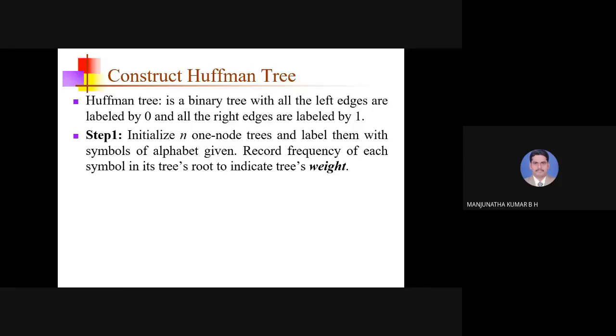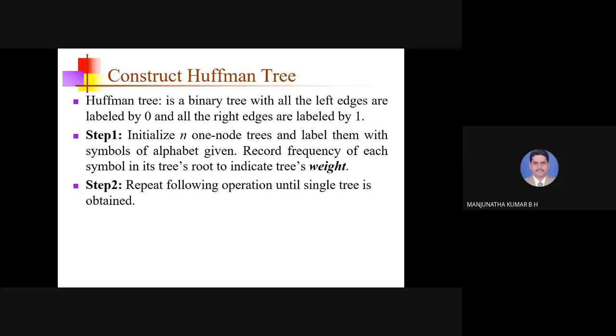Remember, frequency means the number of times A occurs in the original data. That is given in the question. Characters are given, frequency is also given, and you have to construct the Huffman tree. So the very first step is, for n characters, create n one-node trees and label the nodes.